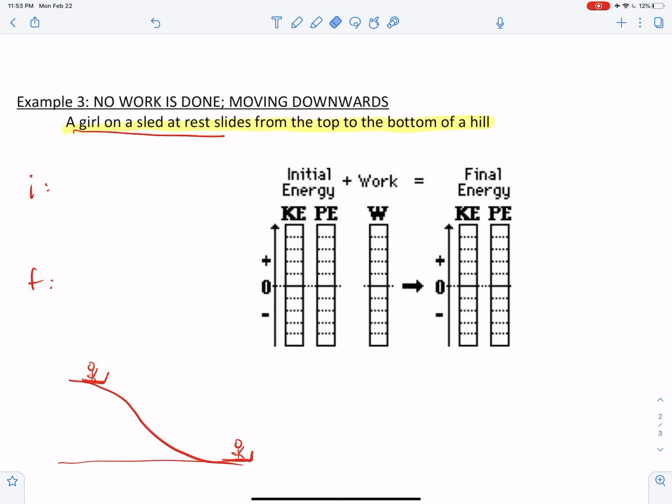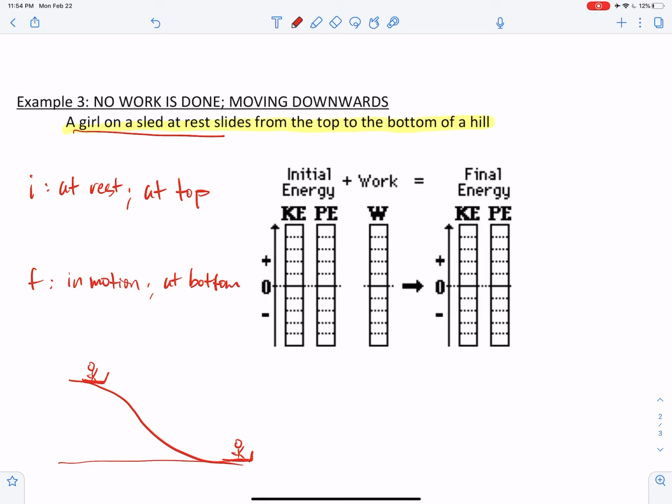So I'm going to say that she's at rest and that she is up high, right? She's at the top of the hill. And then in the final moment down here, she is now in motion because she's just slid down, gained speed, but she's at the bottom.